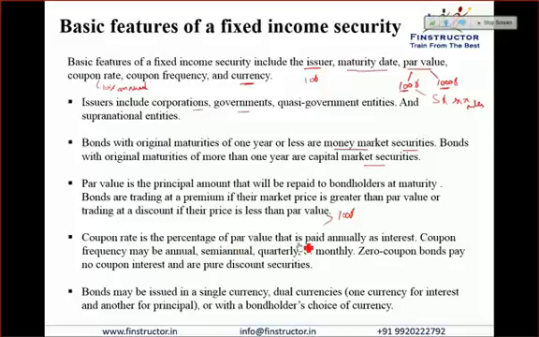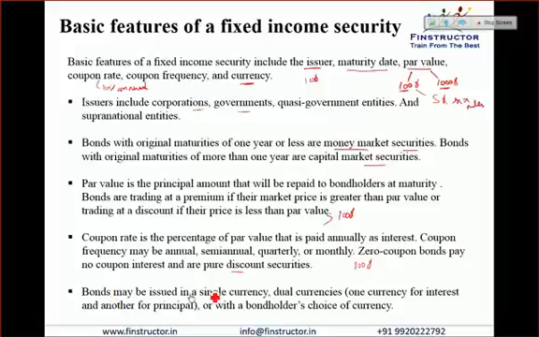Coupon is the percentage of par value paid annually or even semi-annually depending on the frequency. Coupon frequency can be annual, semi-annual, quarterly or monthly. There are zero coupon bonds also that will pay no coupon and are pure discount securities. That is, they will pay you $100 at maturity, and today you would pay less than $100, or some discount, and that discount would be an indication of the interest that you have effectively earned.